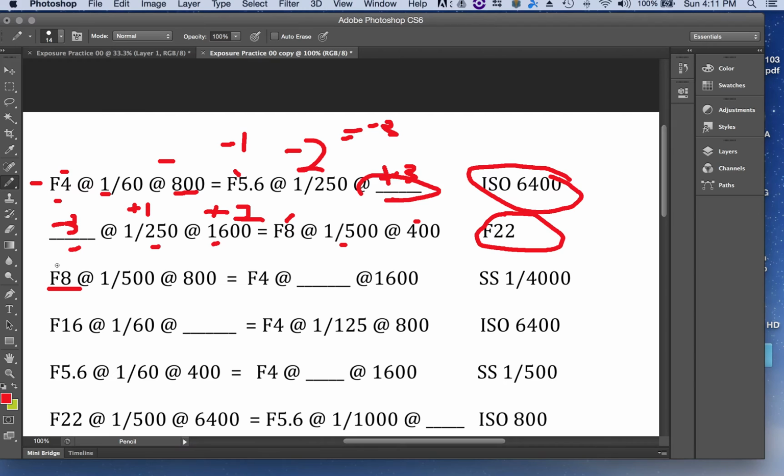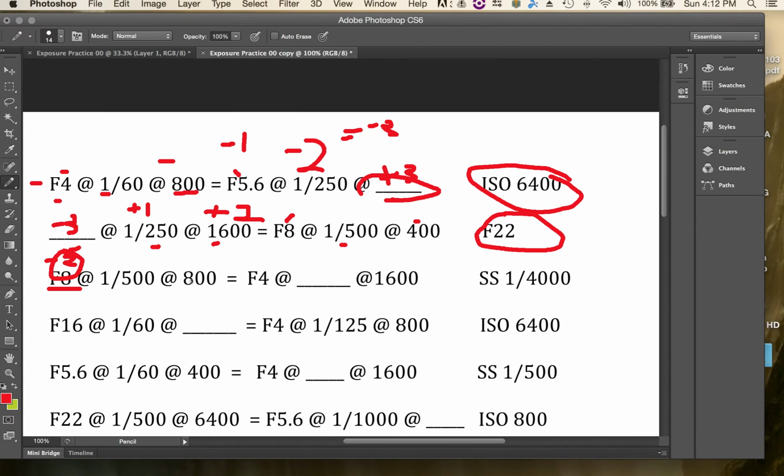f8, f4, less light, right? Less light by a factor of f4, let's see, f5.6, f8, a factor of 2. Oh, I did that on the wrong side. Always start on this side. So f4 is more sensitive by a factor of 2 than an f8.